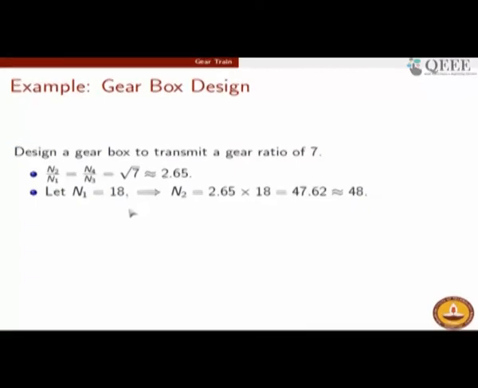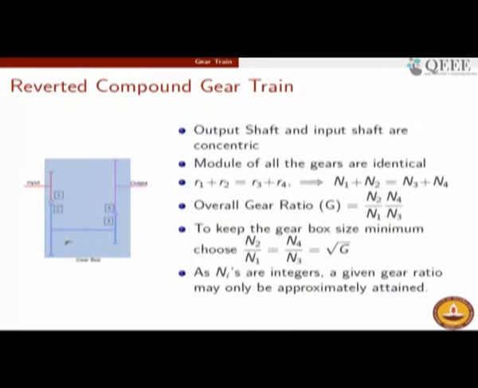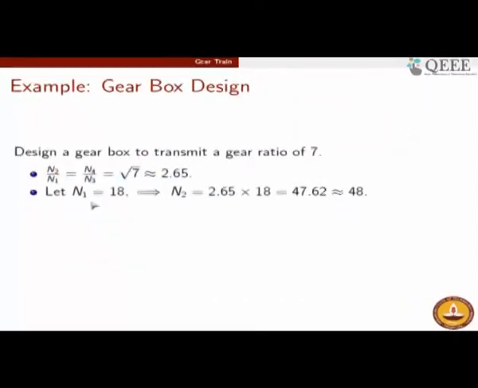So we want the smallest possible gearbox which can achieve this job, because we are limited by the space constraint. So we choose the smallest gear in this mechanism, which is N1, to be of 18 teeth. 18 is the minimum, because if you go below 18, the gear will have a problem of undercutting with the rack cutter. So 18 is the bare minimum which I could choose, consistent with my calculations of interference and undercutting.